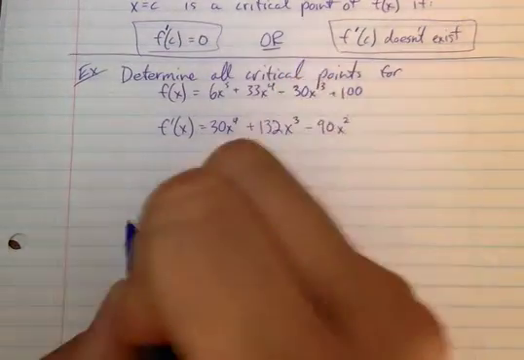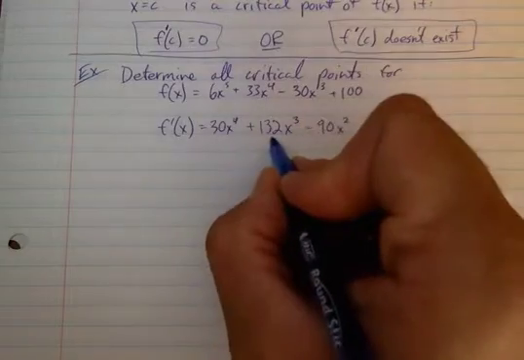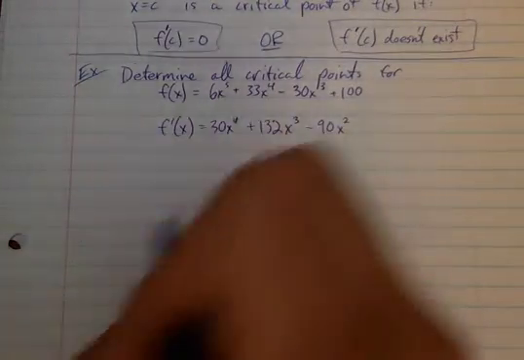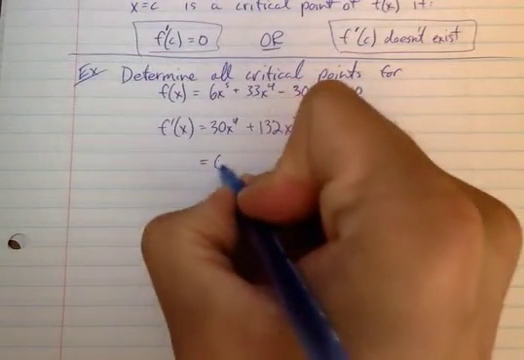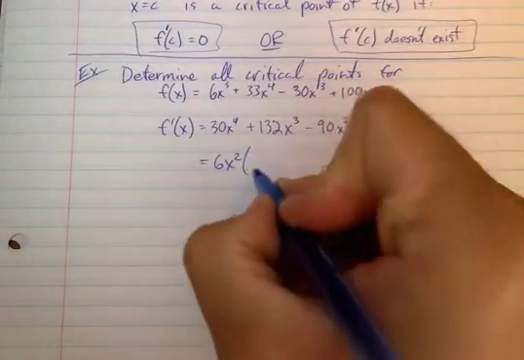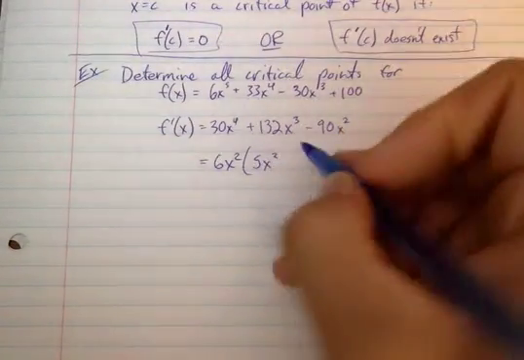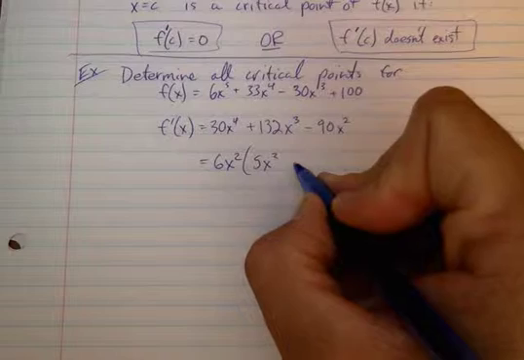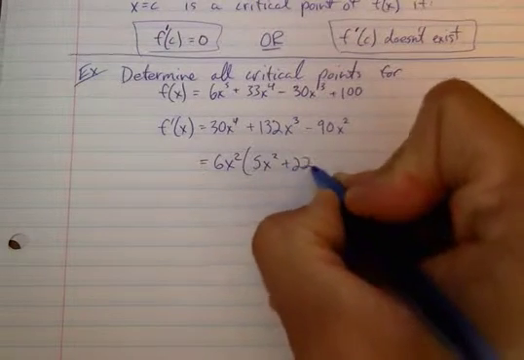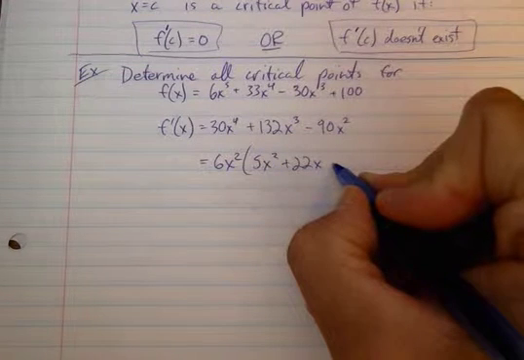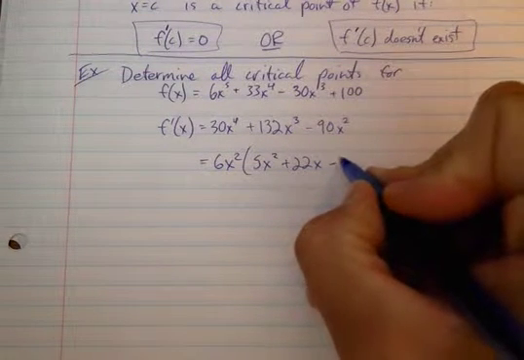Let's take some stuff out. The biggest thing we can factor out looks like a 6. 6x squared times 5x squared plus 22x, because 6 times 22 is 132, minus 15.